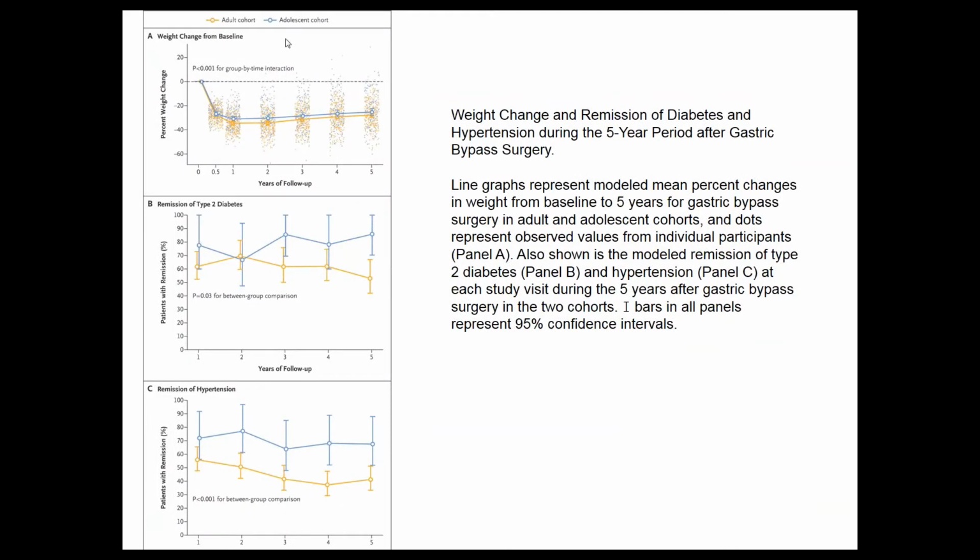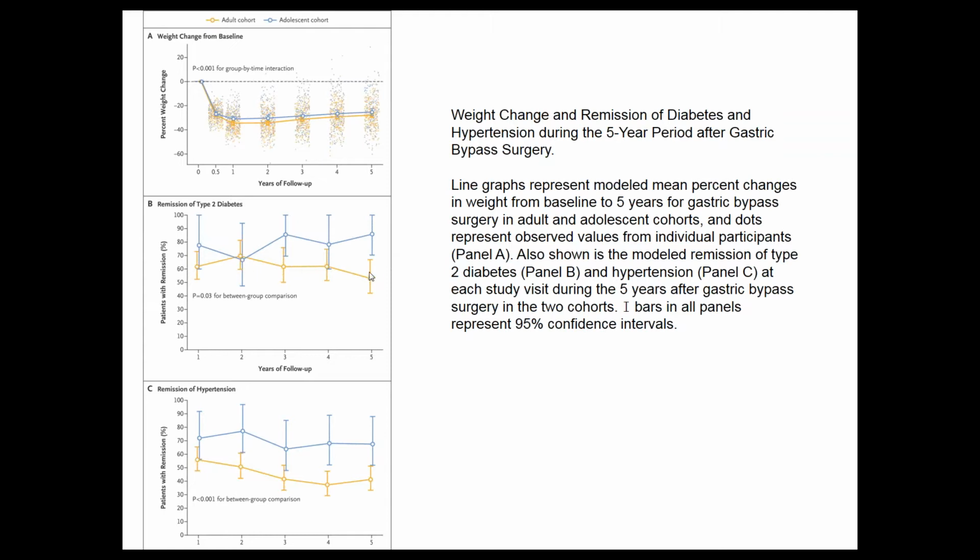So if we look at weight loss, the adolescents are the blue people, the adults are the red people. Percent body weight decrease is substantial in both groups, which is extended out to 5 years. If we look at these data, then the adolescents had a greater chance of recovering from type 2 diabetes, over 80%, compared to the adults.